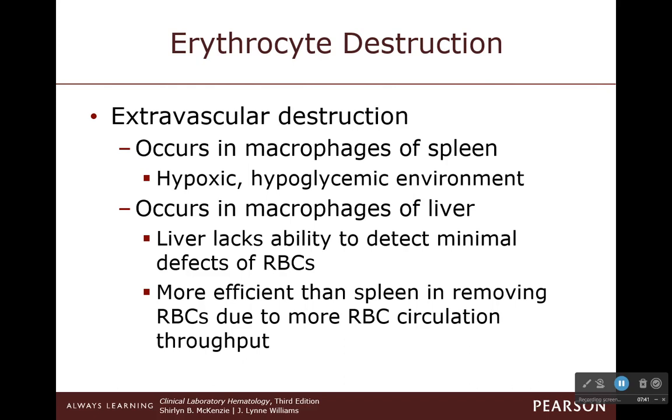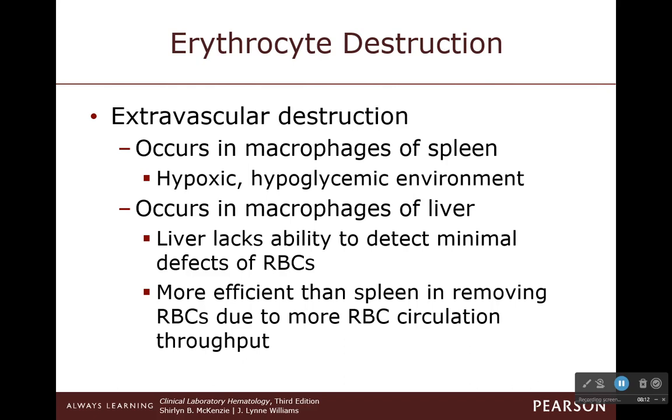The liver lacks the ability to detect minimal defects, though, okay? So a lot of times when it's happening in the liver, it's just destroying them. Whereas in the spleen, sometimes instead of destroying the whole cell, it'll try to get rid of whatever's the problem. Like we talked about those Heinz bodies, when the hemoglobin gets oxidized and becomes granules, okay, precipitates, then those macrophages reach out and try to bite the cell.